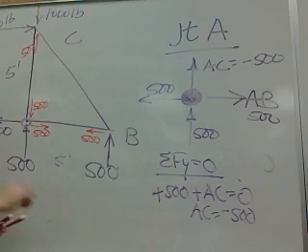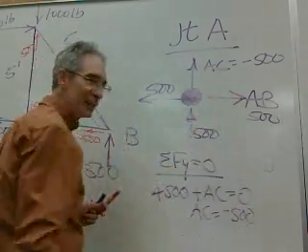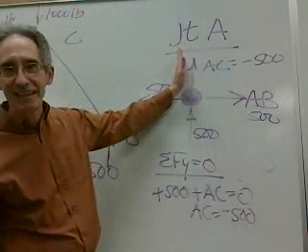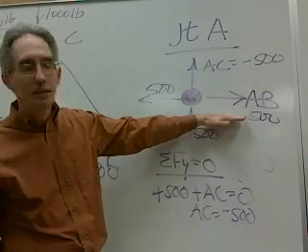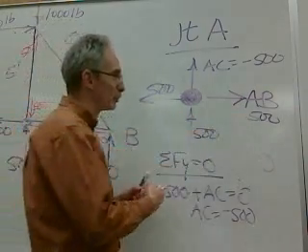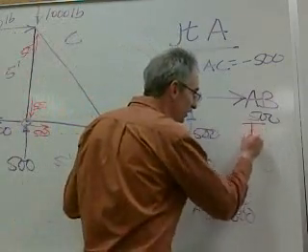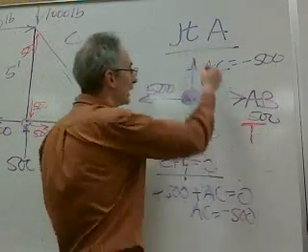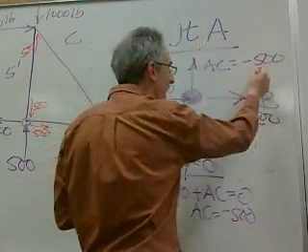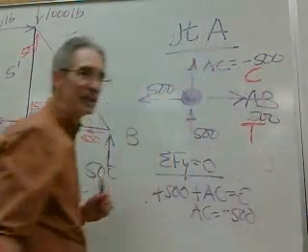Okay? Here's what the positive and the negative mean for me. If I always assume things acting away, and it happens that they are acting away from the joint, that means tension. If I assume acting away and it turns out negative, the negative means compression.